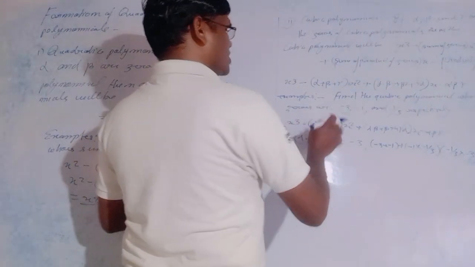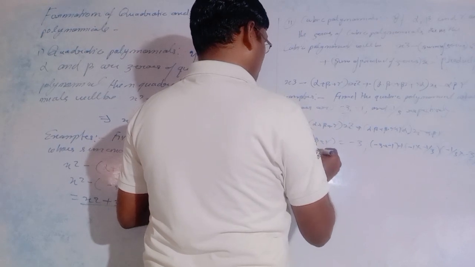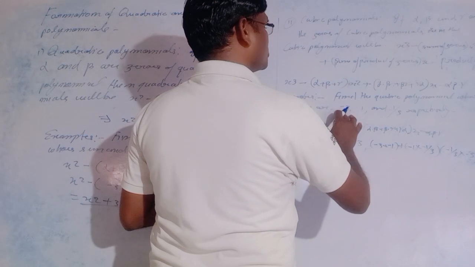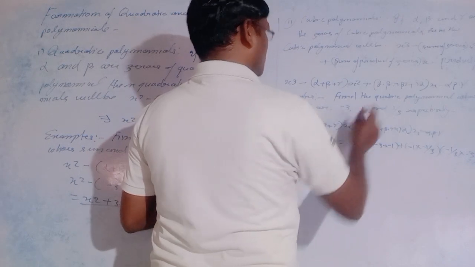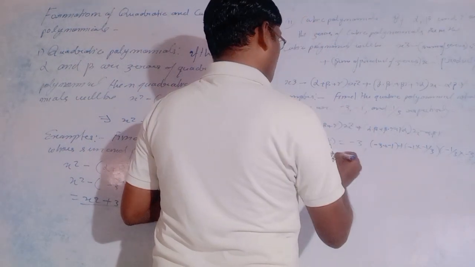And the third one is alpha into beta into gamma, which is equal to minus 1.